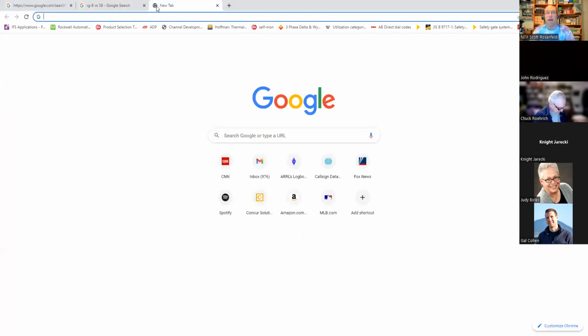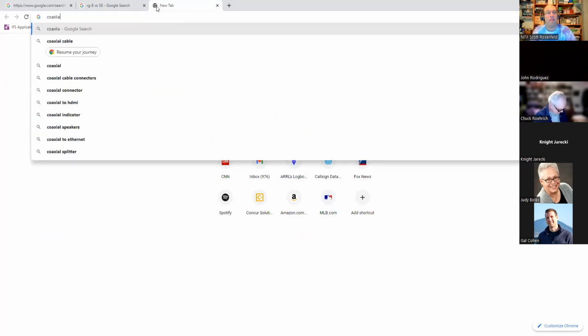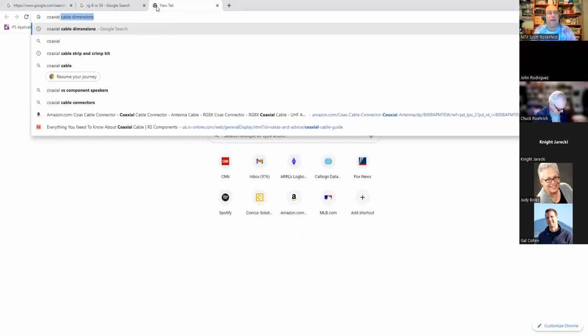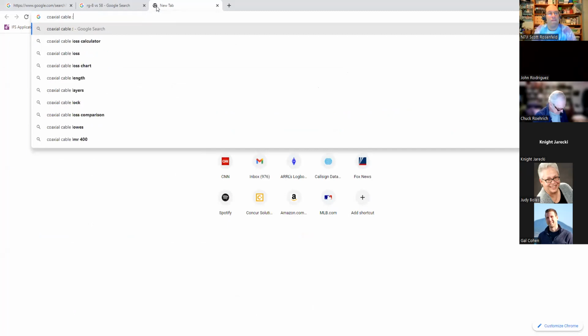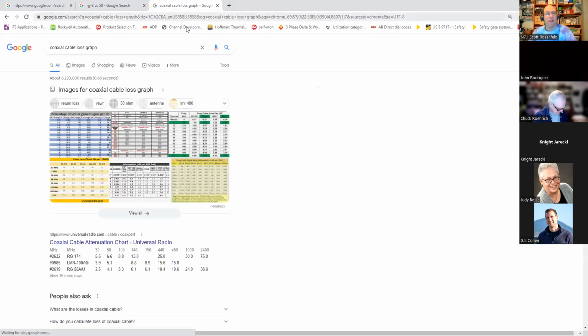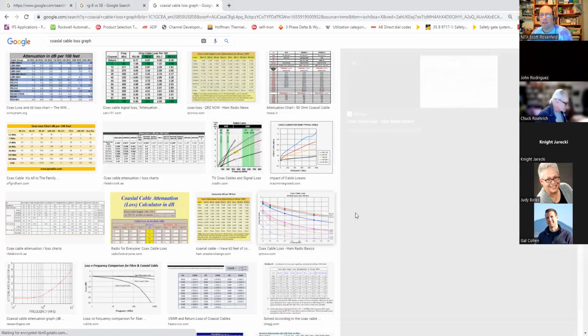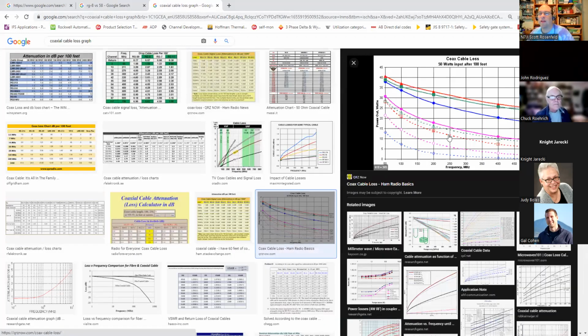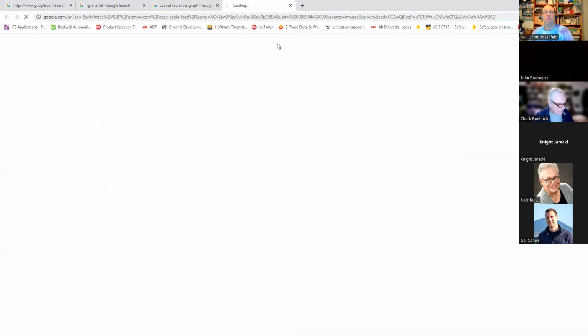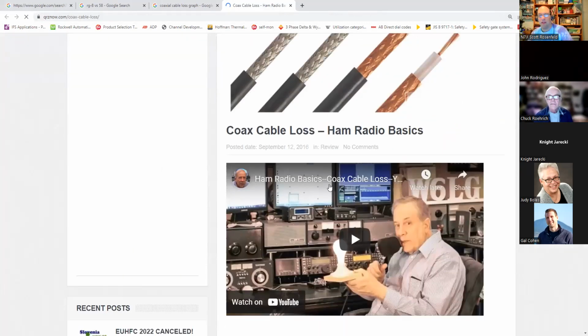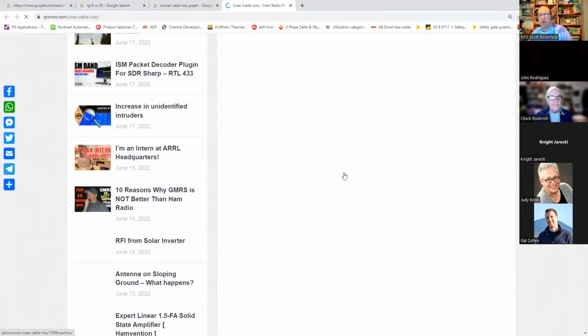So, for instance, I could pick coaxial cable loss graph. And notice there are probably many choices to choose from. Let's just pick one, and hope that this is legit. There we go. There's a good graph.